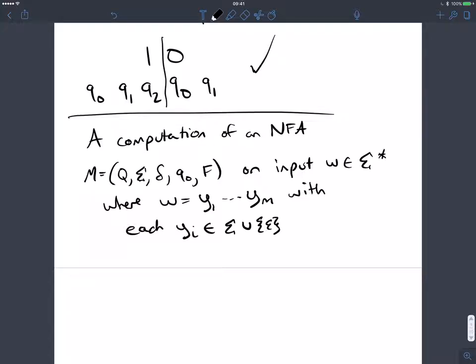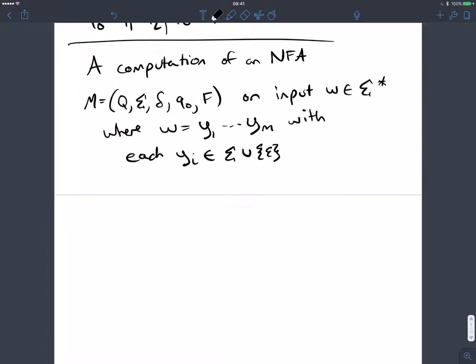So the only difference here is that I'm allowing for epsilons to be placed in the middle of the string. But I say that W is equal to this string, so that must mean I must read the entire string here in order to say that it's a computation, just like with DFAs. Same thing with NFAs. All right.